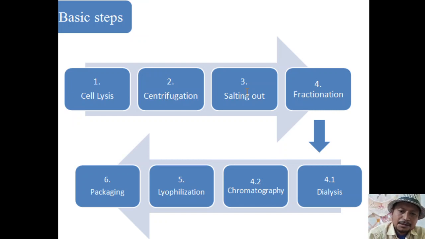After that, we perform the fractionation process. In the fractionation process, we have two different phases. The first phase is dialysis, and the second phase is the chromatography technique. In dialysis, we use a semi-permeable membrane, a cellulose-based semi-permeable membrane. It allows the diffusion of small molecules, not our protein of interest.